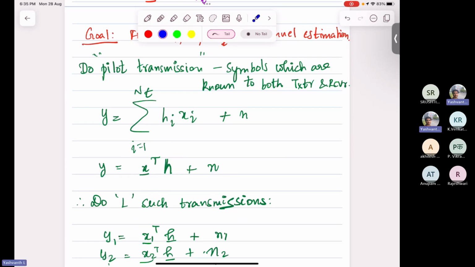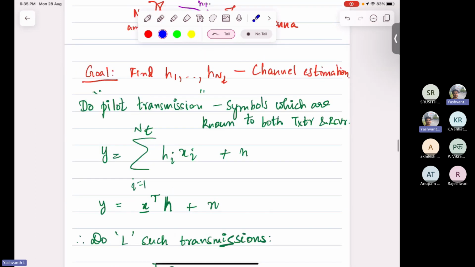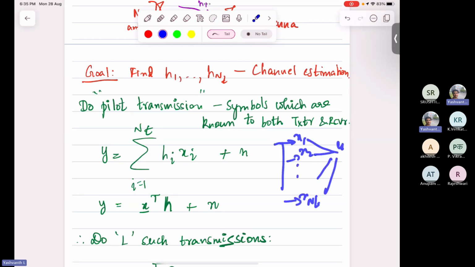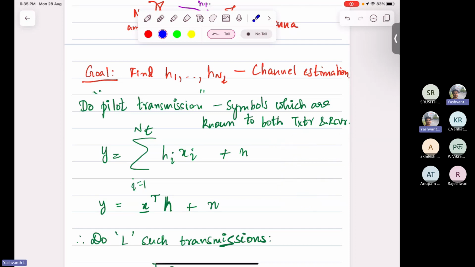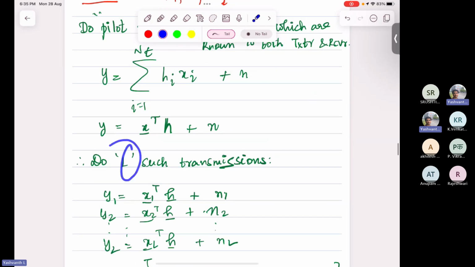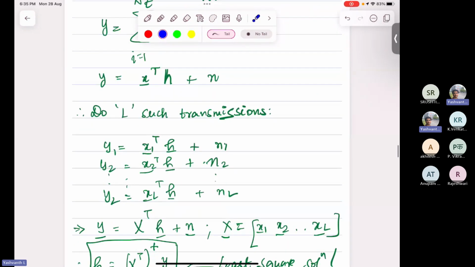Now what you do is L such transmissions. That is, I take x1, x2, and so on till x_nt, all of them you transmit at the same time, I will get y1. Similarly, now choose a different set of x1, x2, and so on till x_nt, do the transmission, I will then get y2. Like that, do L such transmissions. Then you collect all these L transmissions. You see y1 is equal to x1 transpose h plus n1.